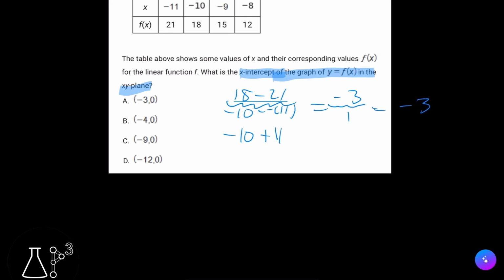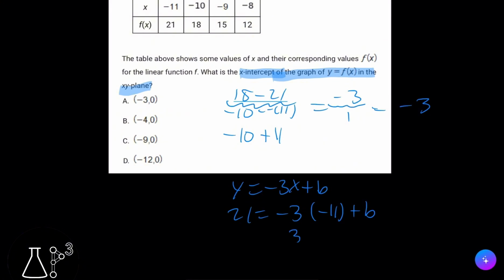So I can write the equation right now as y equals negative 3x plus b. Now we have to look for the b value. Let me plug in negative 11, 21 to look for my b value. So f of x, or y, equals 21. So 21 equals negative 3 multiplied by negative 11 plus b. Negative 3 multiplied by negative 11 equals positive 33.